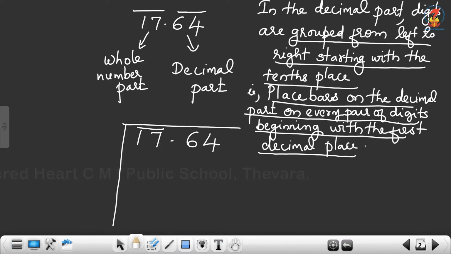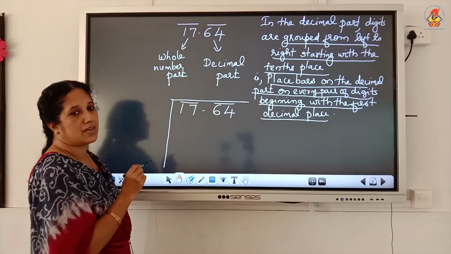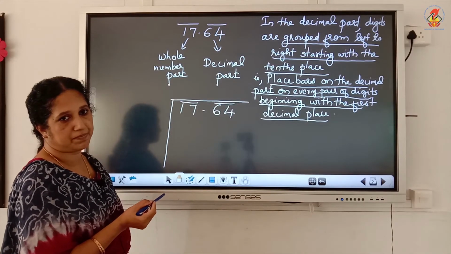Now you have to put a bar over 7 and 1, then 6 and 4 will come in one group, therefore you have to put a bar over 6 and 4. Now consider the number under the extreme left bar, 17. Now you have to think of the largest number whose square is less than or equal to 17.